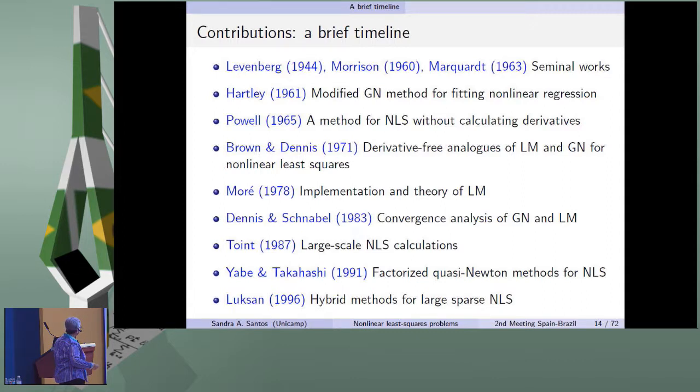Here in this list, we can identify very important names for our community in smooth optimization, like Mike Powell, John Dennis, Georges Moret, Philippe Toint, and so on. In this research, most of the efforts are concentrated in derivative-free strategies and also structured quasi-Newton methods. And they were developed in the last century.